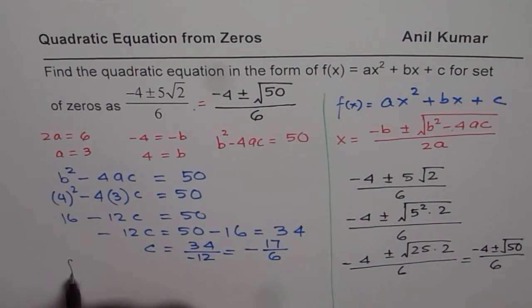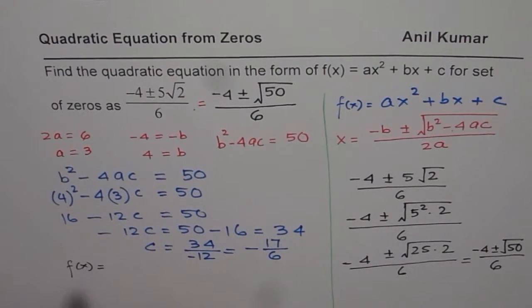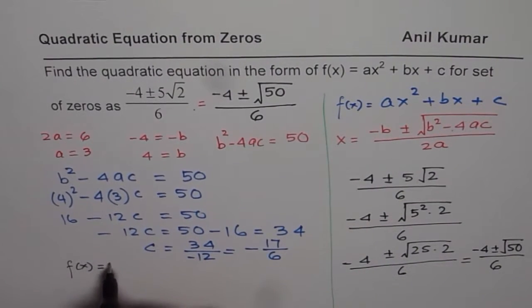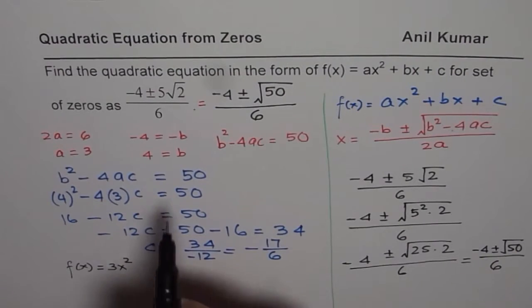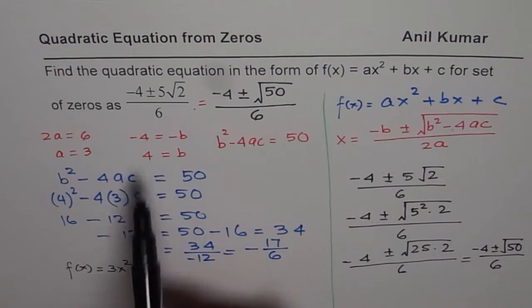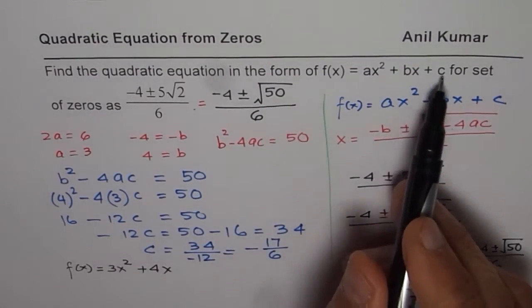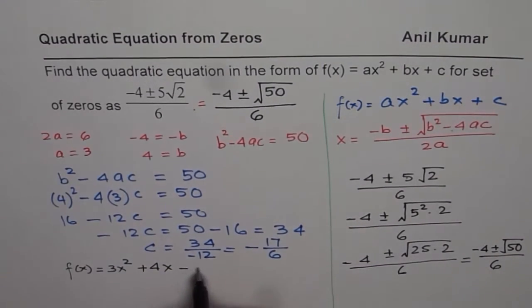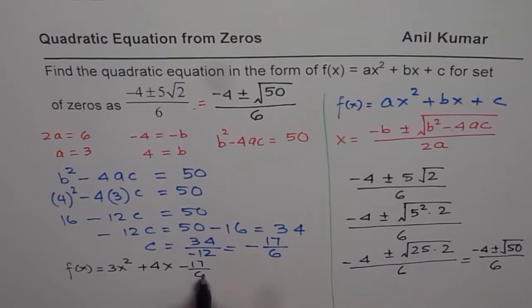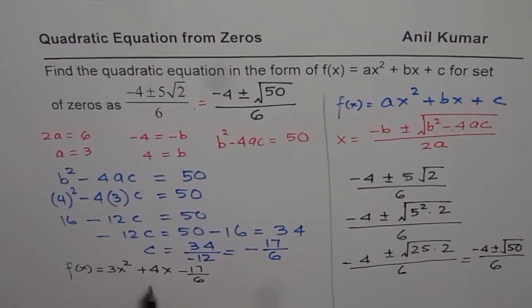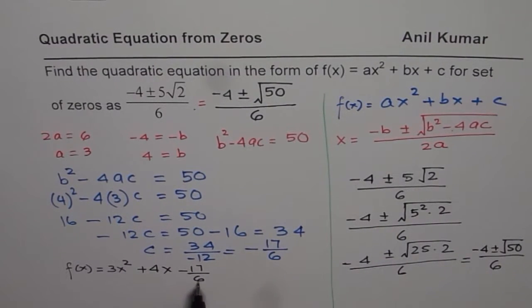Now the function f(x) could be written as: a is 3, so 3x², plus bx, b is 4, so plus 4x, plus c. c is −17/6. Now it is always good practice to write your equation without fractions.